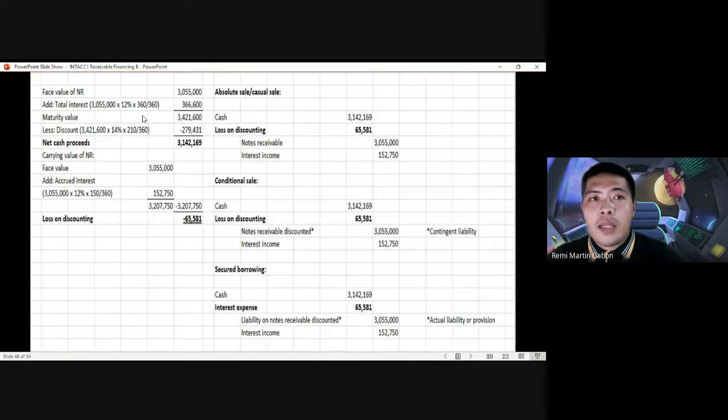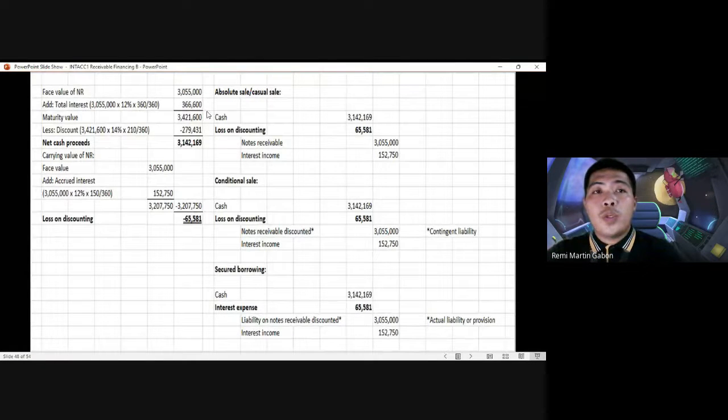Or if you want it in an easier understanding, you can have it 12 over 12. 12 months over 12 months. Then add, our total interest is 366,600. Then add it to the face value of the promissory note. The maturity value of the promissory note will equal 3,421,600.